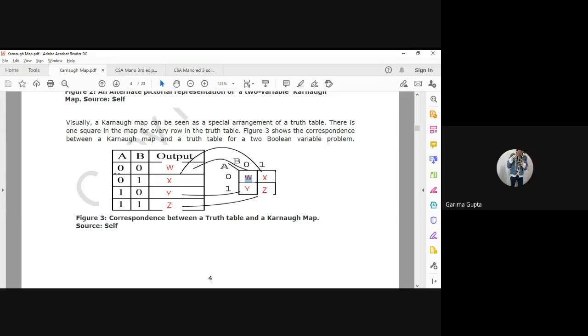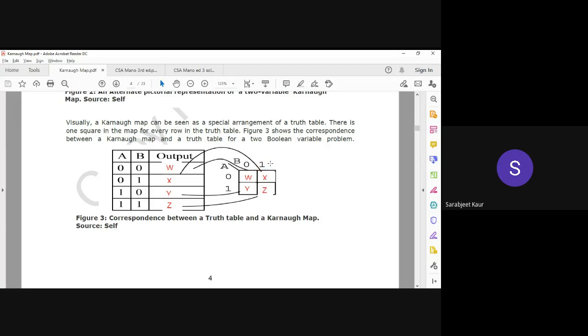Similarly, the second row is A is equal to 0 and B is equal to 1. This is the row corresponding to A is equal to 0, and this is the column for B is equal to 1.